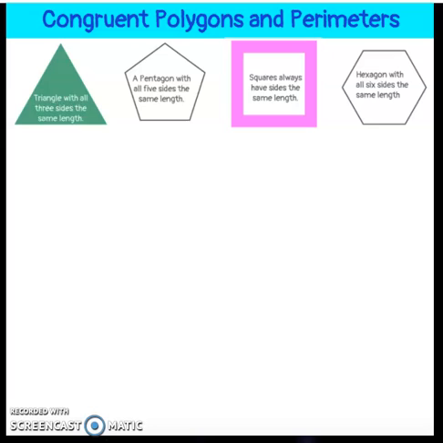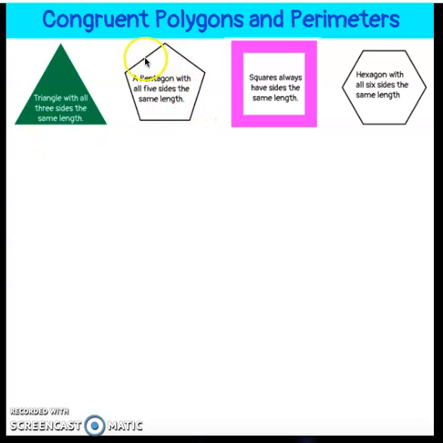So congruent, if we look at it in terms of math, means that all sides of a polygon are the same length or the same size. If I have a triangle, I know there are 1, 2, 3 sides, and they will all have the same length.